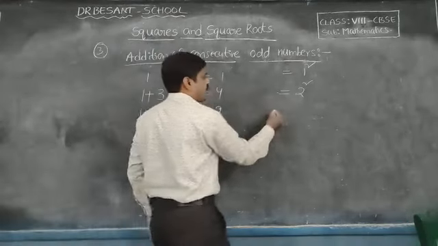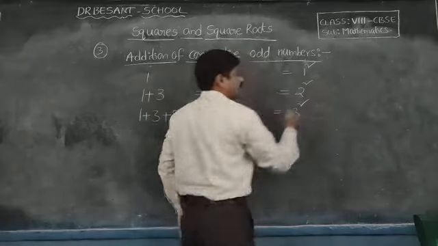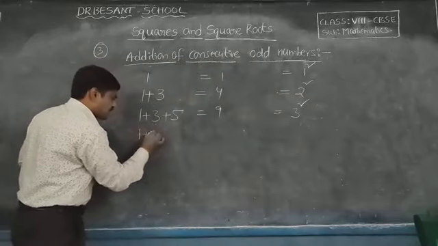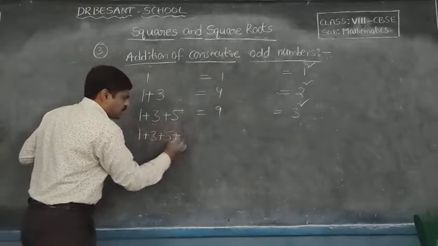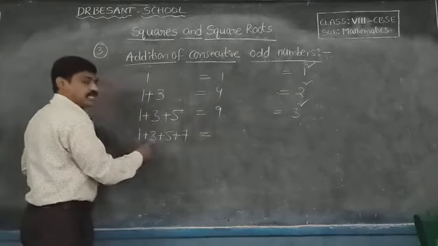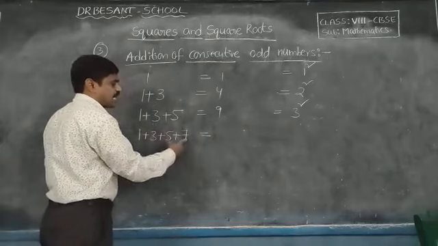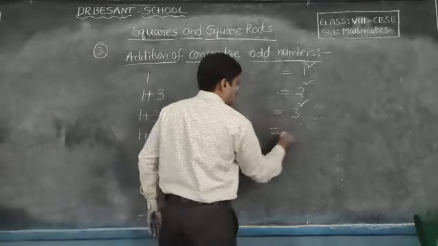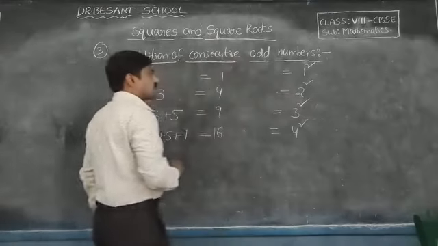So 9 we can write as 3 square. Then next, 1 plus 3 plus 5 plus 7. 1 plus 3, 4. 4 plus 5, 9. 9 plus 7, 16. So that is equal to 4 square.